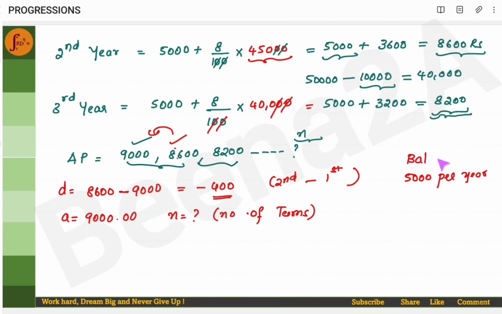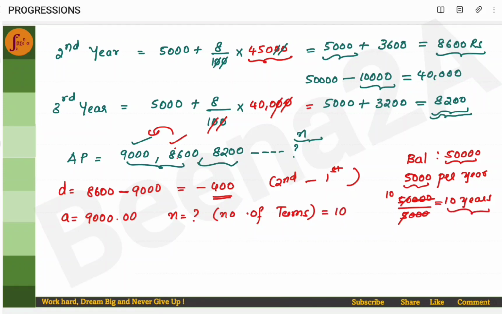Balance, he needs to pay 50,000. 1 lakh is already paid, but he has to pay 50,000 as the balance. So if he is paying 5,000 per year, to pay 50,000, how many years does he need? That is 50,000 by 5,000, it's going to be 10 years. So basically N is 10.